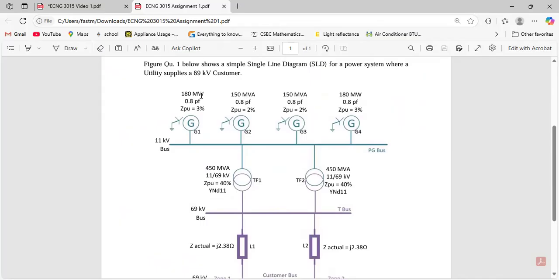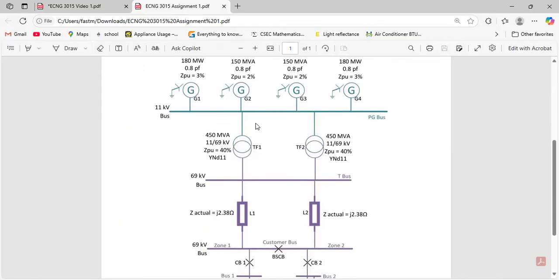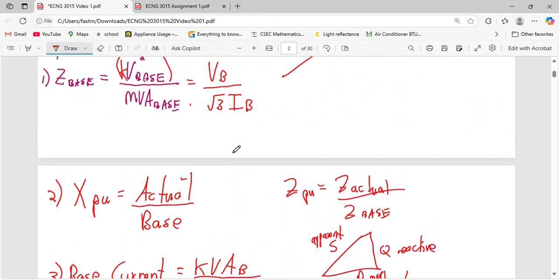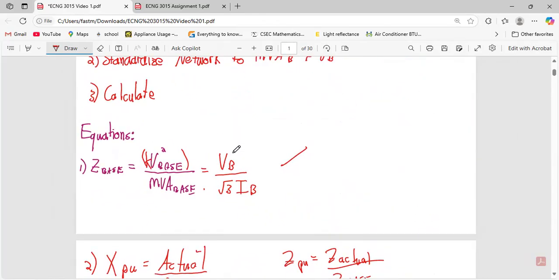And these here will just be the same as I did before, the old going to the new MVA base. In the next video I'll do the calculations for it, but that is basically an introduction to the per unit system. We standardize the network to one MVA base and voltage base to make calculations simpler. Alright, so I'll see you in the next one.